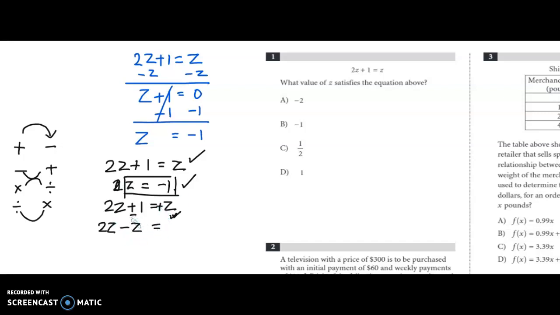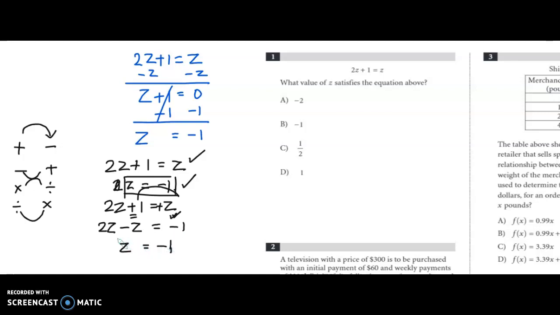And this plus 1, since this has to be transferred to the other side, the term having no variable changes sides, so plus 1 will become minus 1, negative 1. Now 2z minus z is z, and the answer is negative 1.